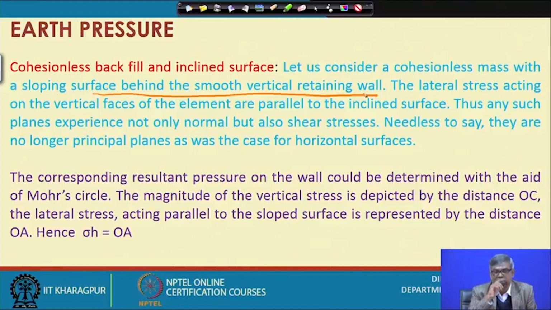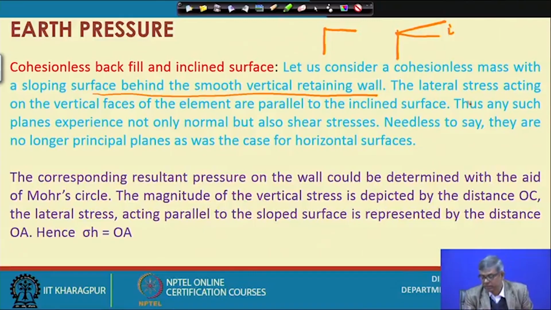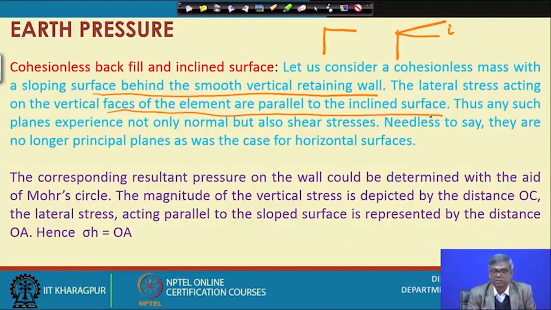Smooth vertical wall means we are still ignoring friction and still considering a vertical wall, but the backfill is now sloped at an angle i, suppose. The lateral stress acting on the vertical face of the element is parallel to the inclined surface. That means if I consider the element, the pressure will always be parallel to this inclined surface.